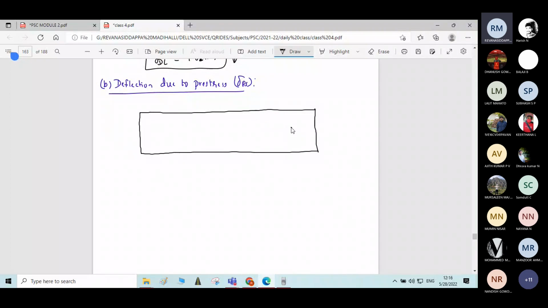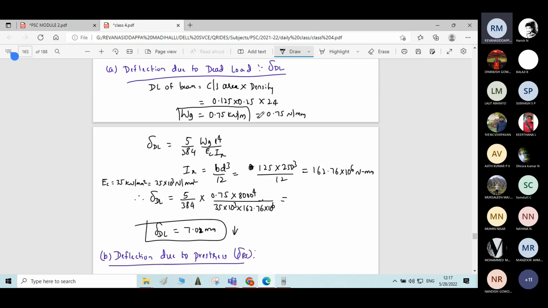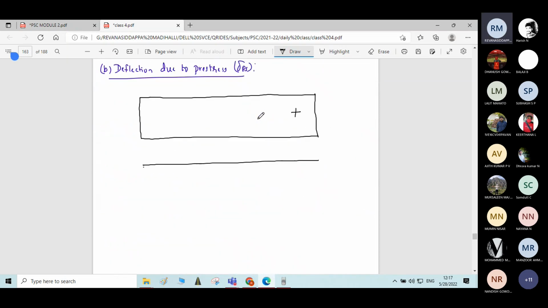The sign is positive, because the cable is above the central axis. Then for the cable which is below the central axis, the BMD is similar to the cable profile only.